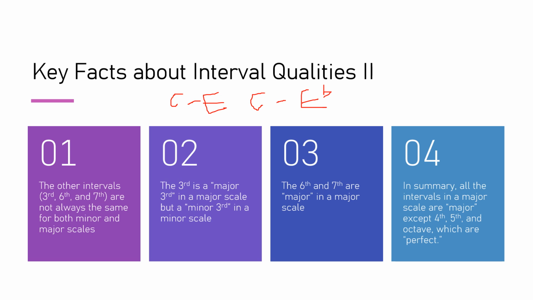And what is the difference? Why are both of them not having the same either major or minor? It's because yes, there are three notes in between, from C to E and from C to E flat. That makes it a third. But the number of semitones differ. So the number of semitones that makes a major third is 4 semitones. So it's a major third, 2 tones, 2 solid tones. But for a minor, it is diminished by 1 semitone.